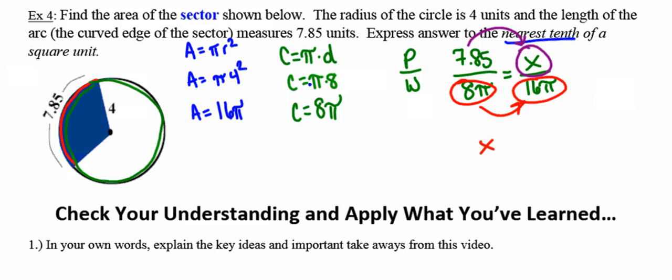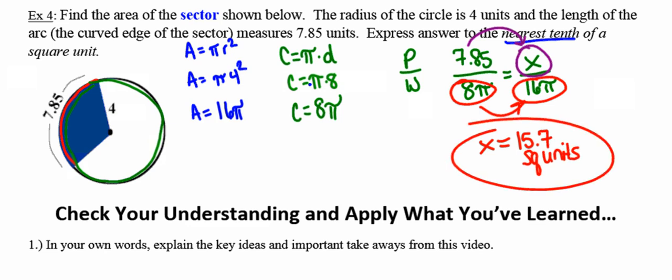If you cross multiply and solve, you'll end up with the exact same answer. If you don't believe me, you can try it. I'm just being a little clever and smart about how I do this so that I can save myself a little bit of work. So 15.7 square units for the area of our given sector.